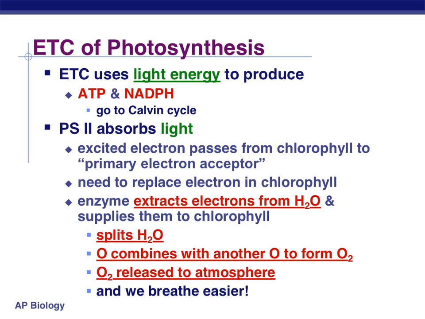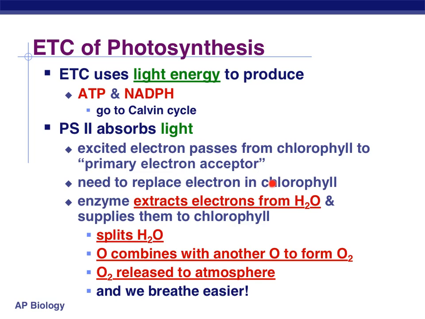It does so by utilizing two photosystems. Photosystem 2 is the first photosystem that we will get to on our thylakoid membrane, and photosystem 2's job is to absorb light. Once that light has been absorbed, excited electrons are going to go from chlorophyll molecules that are in the photosystem to that middle region where they had their letters written, P680, or the letters and numbers written in the pictures, and that is called the primary electron acceptor.